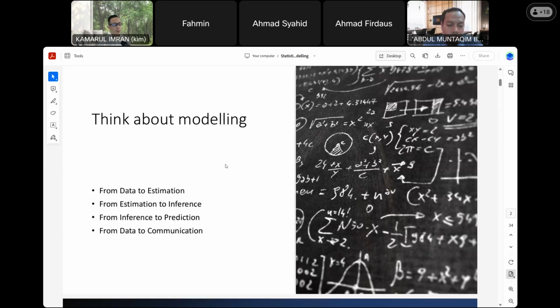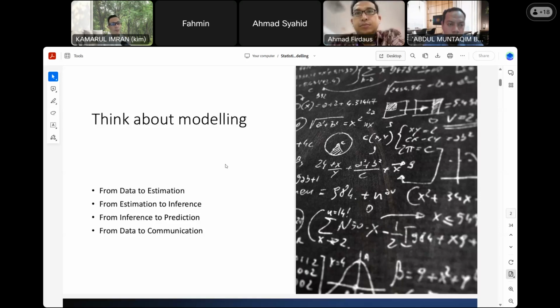So when we mention estimation and when we work with general linear model or generalized linear model, GLM, the estimation means the process of getting the parameters of interest.